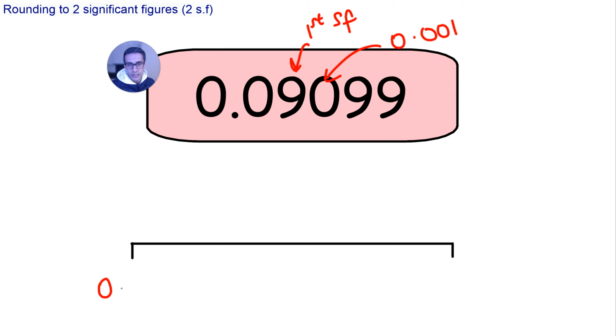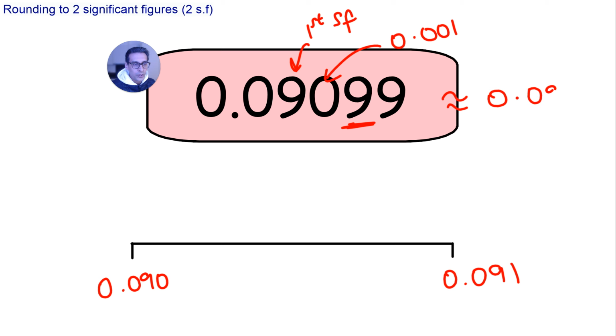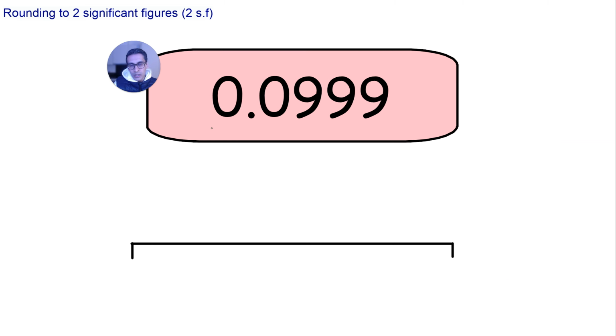So this is going to be 0.090 or 0.091. So because the decider is a 9, we're going to round up. So this is going to be 0.091 to two significant figures.